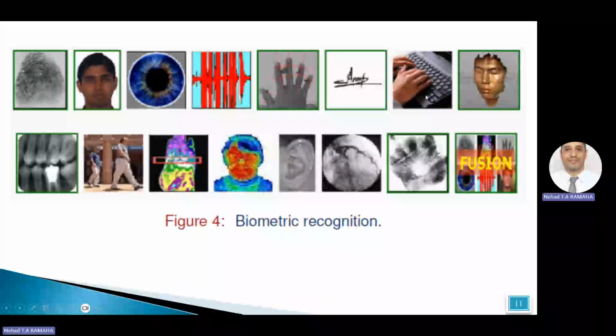And one very difficult one, we call it keystroke: from the way of typing on the computer or keyboard. It's like a fingerprint. Each person has a different way of writing on the keyboard. Of course, face, even teeth, and so on.